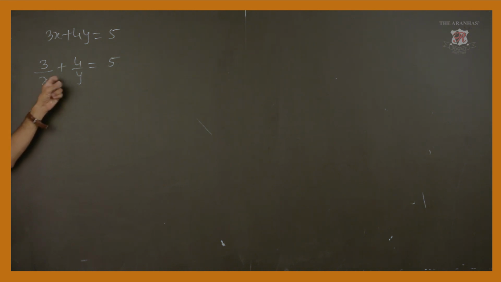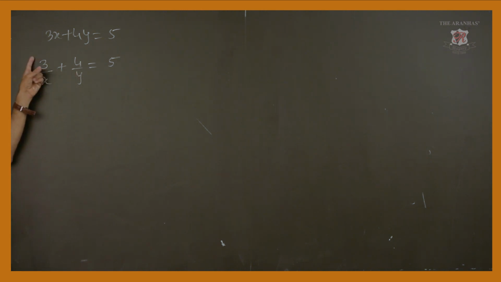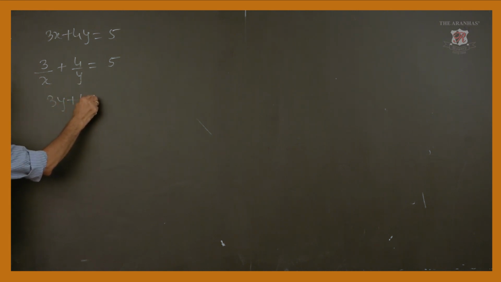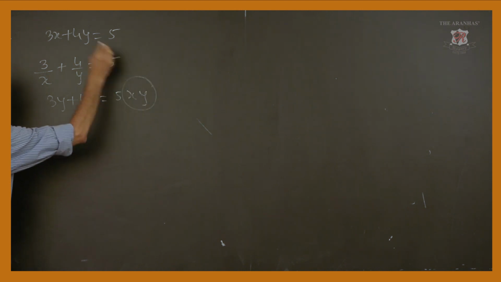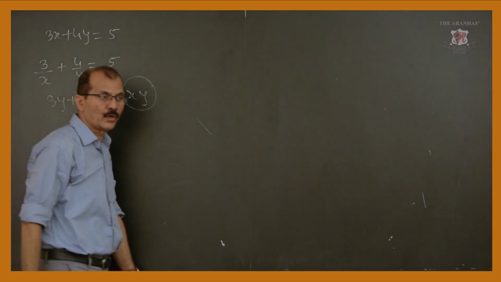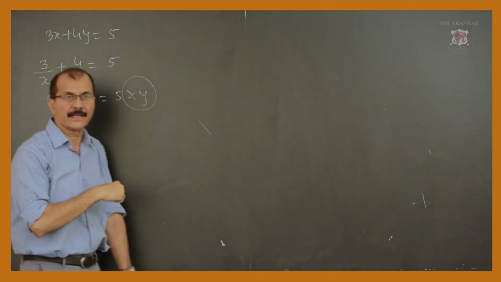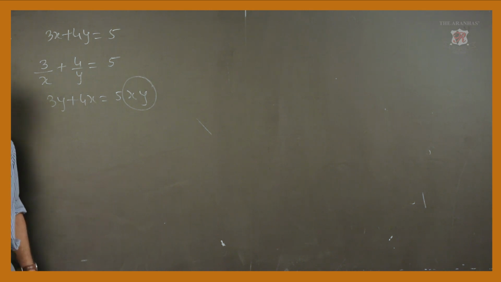The degree of this equation is not 1. The degree will be 2, because when you simplify this, what you will get is 3y plus 4x is equal to 5 times xy. So, here the degree is not 1, the degree is 2. So, that is why this equation will not be a linear equation.